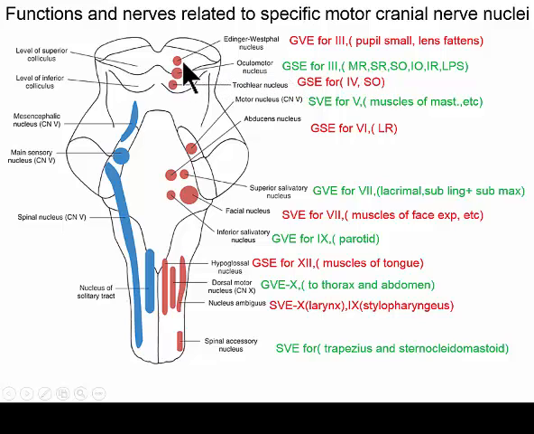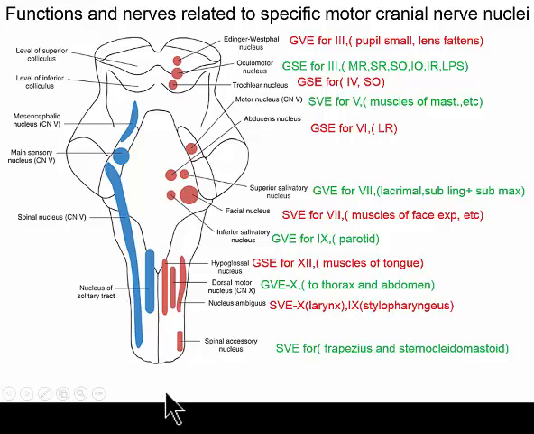And then finally, we have Edinger-Westphal nucleus up at the top, which is part of the oculomotor complex, and it's going to be parasympathetic for 3. It's parasympathetic, you're relaxed, so you're going to have a small pupil and a fat lens so you can read a book. And that's basically the motor nuclei.